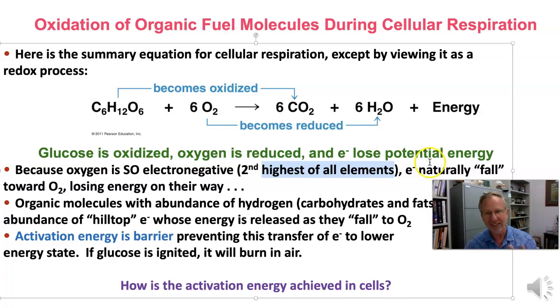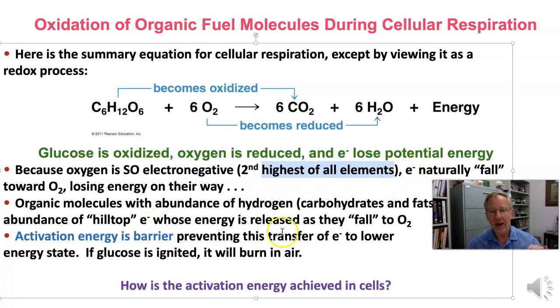It naturally has this tendency to want to grab them and take them out. So that's a good thing. That means we can breathe in oxygen. It can go to the cells of our body, and it can help remove electrons from our food so we can get the energy out of our food. That's basically what oxygen is doing for us.